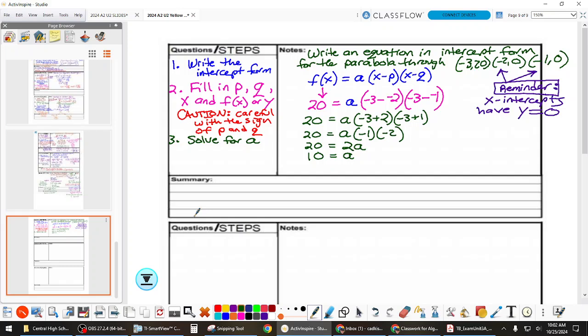Good? Okay, and then the really important last step, which is to rewrite the equation with A, P, and Q only plugged in.